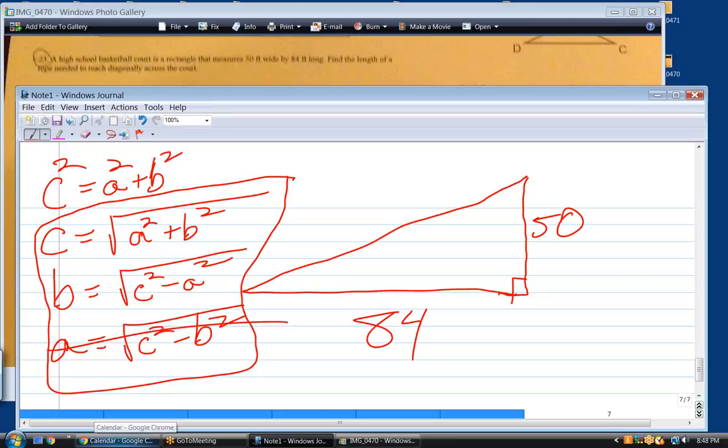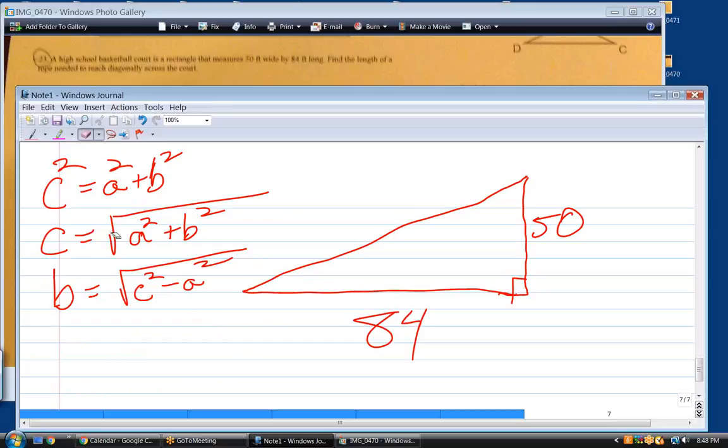In other words, to solve for the short side of a right triangle, you take the square root of the hypotenuse squared minus the other short side squared. So if you've got this one memorized, this one kind of follows. So you don't actually need to find a spot in your brain to memorize this. But do memorize these two. In other words, know if you're solving for the hypotenuse, it's this one. And if you're solving for a short side, it's this one.